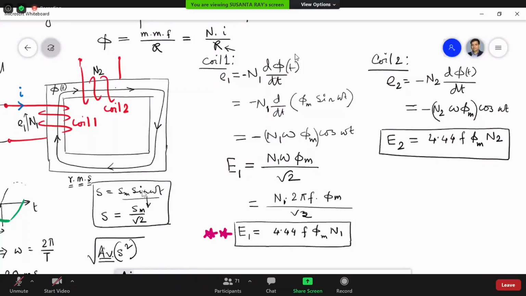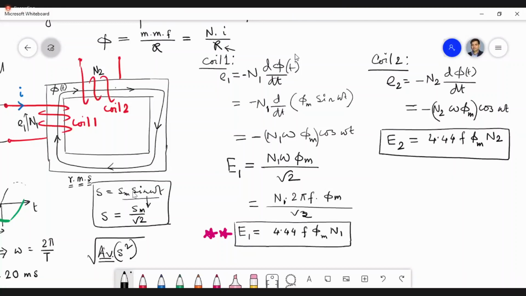So that means if we excite one coil, we'll get voltage induced in that coil as well as other coils which are wound on the same magnetic circuit. Suppose I have a third coil, coil 3.